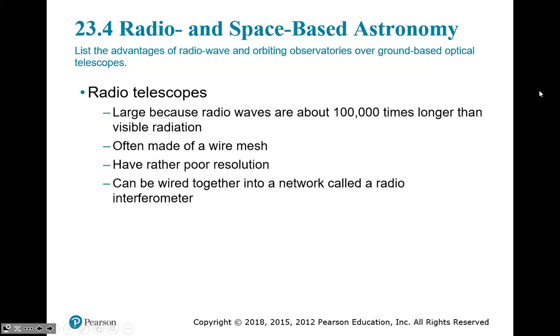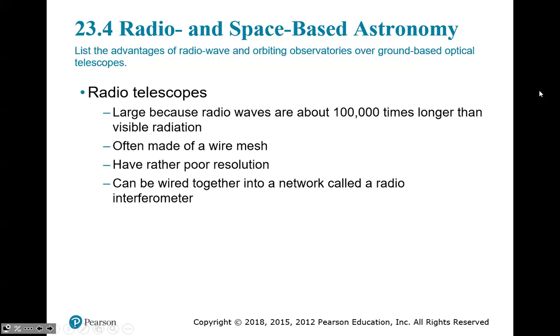Radio telescopes are much physically larger than optical telescopes because radio waves are about 100,000 times longer than visible light in wavelength. But one of the advantages, you don't need to make the surface as perfectly smooth as you do with optical telescopes, because the waves are 100,000 times longer.